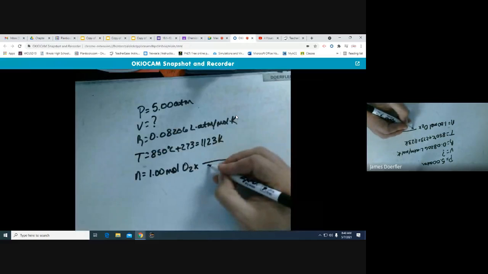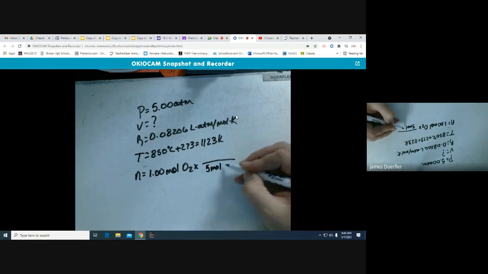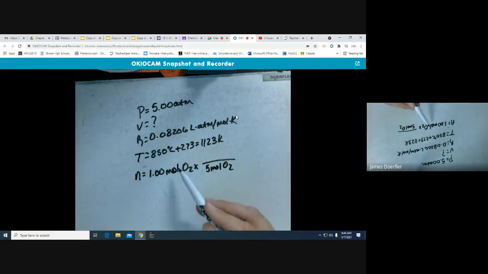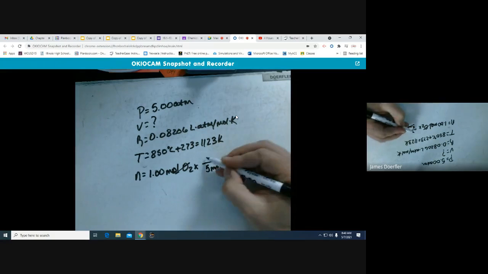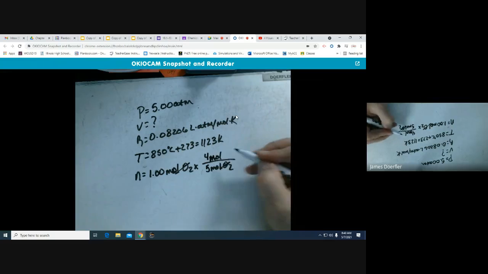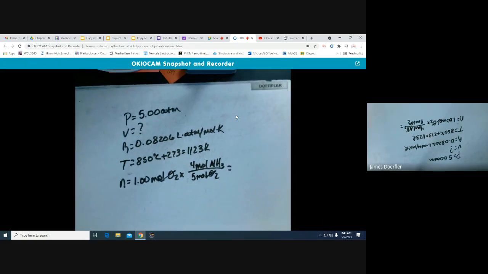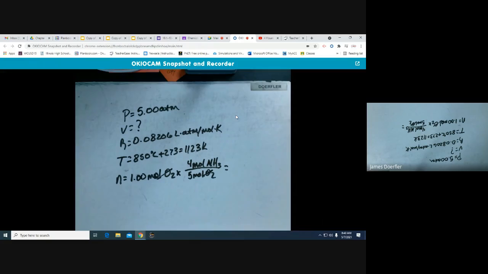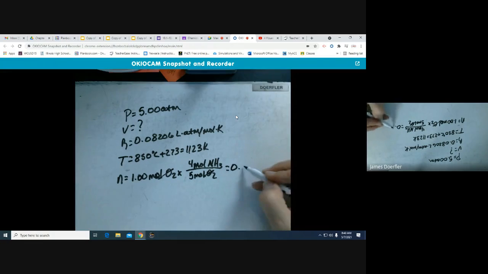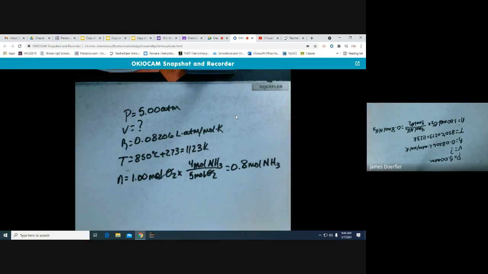We have 5 moles of O2 on the bottom because we need to cancel that out, and 4 moles of NH3 on top. Now we've gotten to the number of moles of gas B, and we should have 0.8 moles NH3.